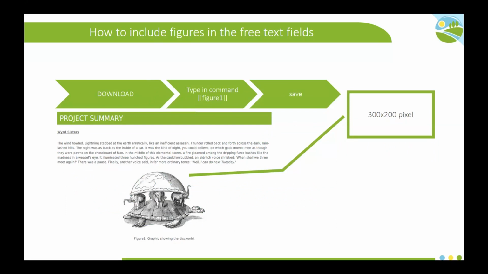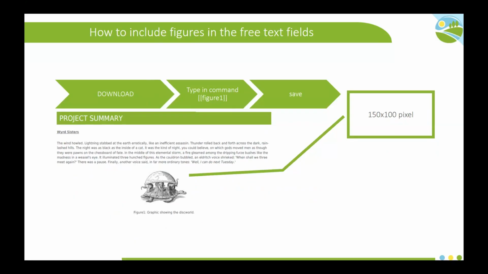On the next slide, I show you how you reduce the figure. In this case, I've uploaded the same figure with the pixel size 150 by 100 pixels, and then you can clearly see that the size of the figure is reduced.